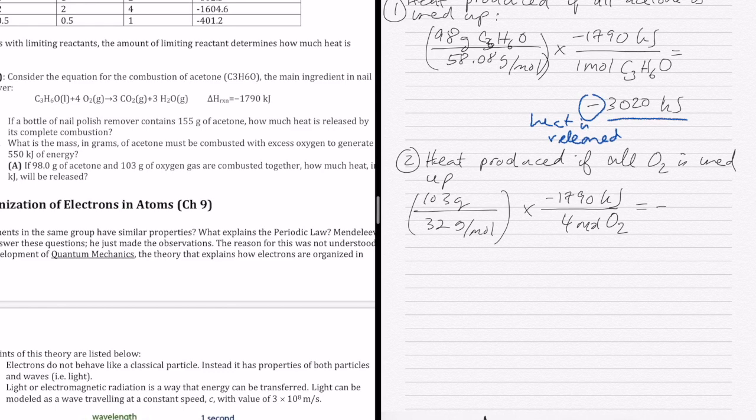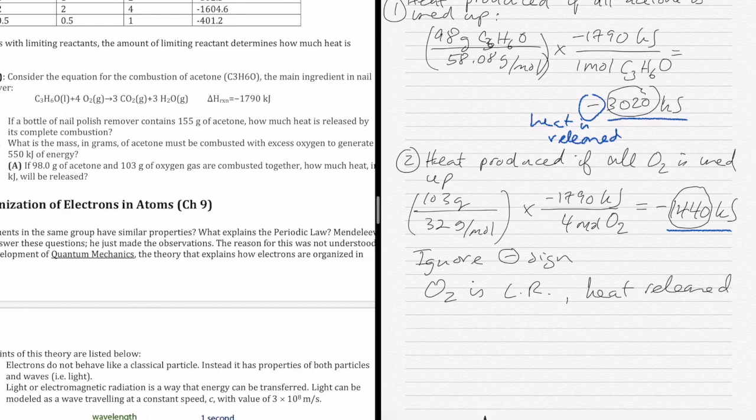When I do that, I end up getting negative 1440 kilojoules. Again, you can ignore the negative in terms of comparison, but you can see that 1440 is a smaller number compared to 3020. As a result, in this particular context, oxygen is your limiting reactant, and so the amount of energy or heat you will get is 1440 kilojoules.